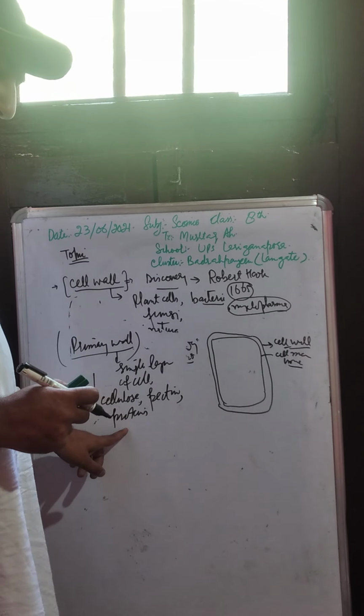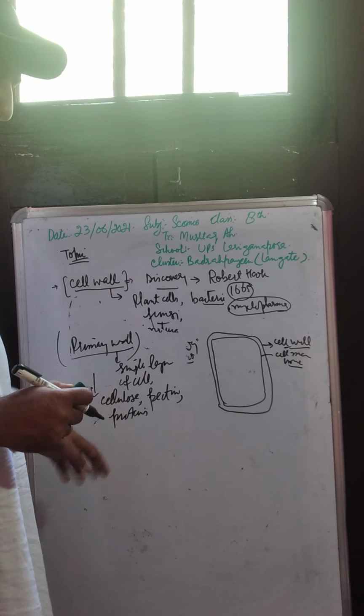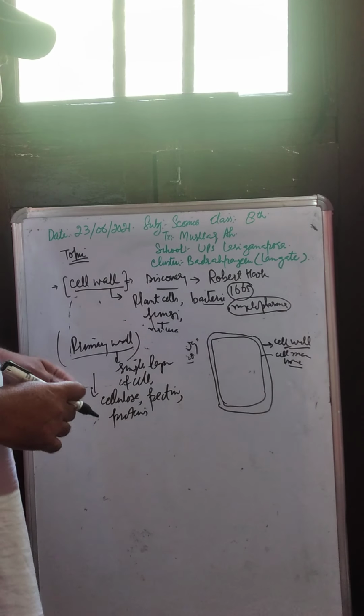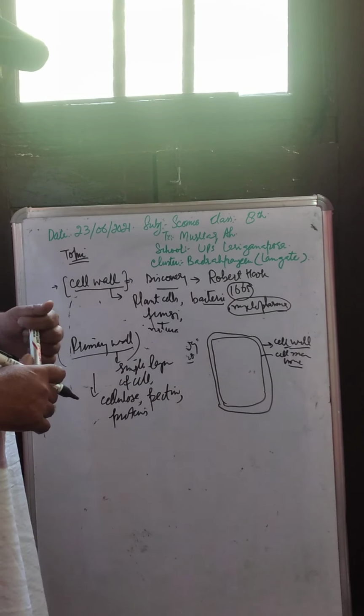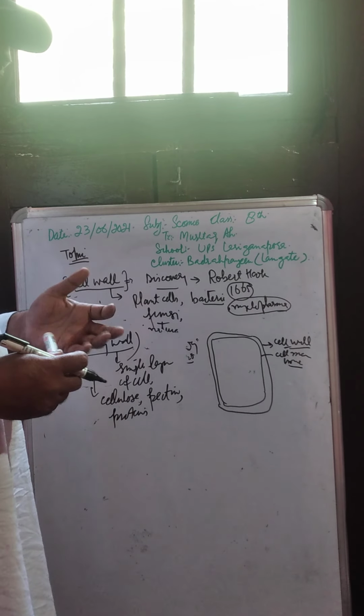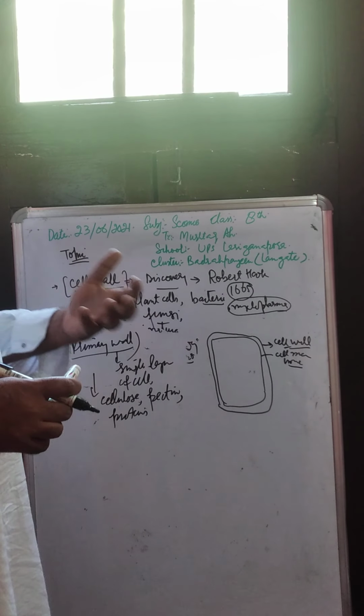As far as pectin is concerned, it is again a sugar molecule, and it is made up of calcium and magnesium pectate.